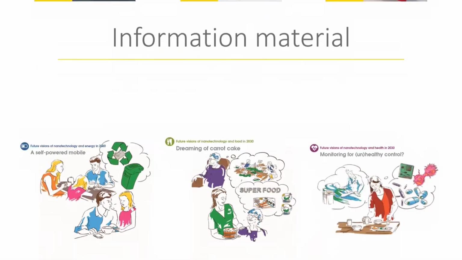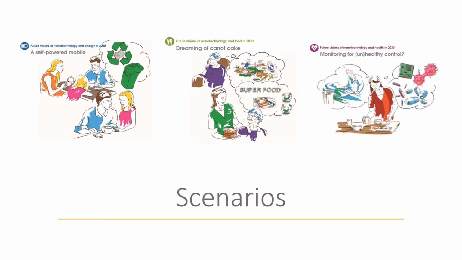We developed various scenarios of use to pick up on the analysis of future visions of nanotechnology applications and on questions on acceptability, sustainability and desirability. The scenarios take an everyday life situation as a starting point to illustrate how the nanotechnologies could be implemented in the future.